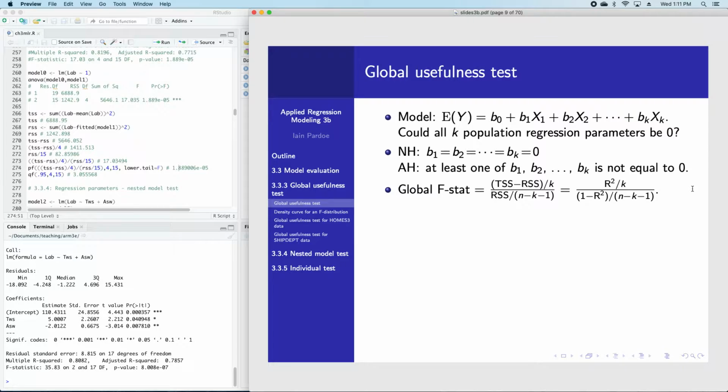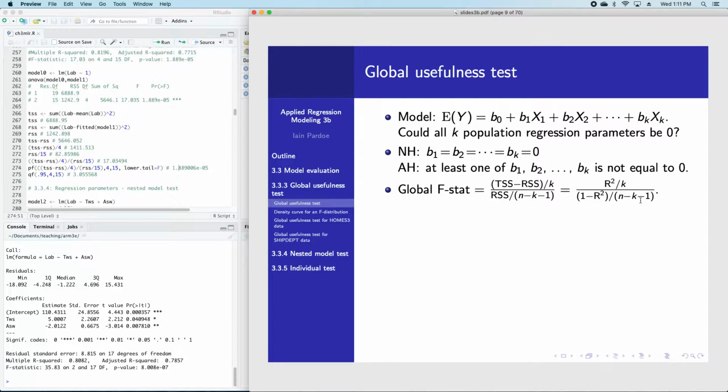Here are a couple of formulas for calculating the F statistic. One method looks at the difference between the total sum of squares and the residual sum of squares, divides that by the number of predictors, k, and then divides all that by the residual sum of squares over the degrees of freedom for error, which is n minus k minus 1.